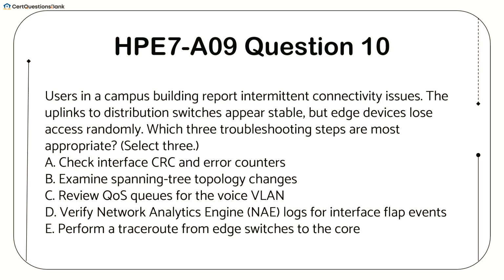B. Examine spanning tree topology changes. C. Review CoS queues for the voice VLAN. D. Verify network analytics engine, NAE, logs for interface flap events. E. Perform a traceroute from edge switches to the core.